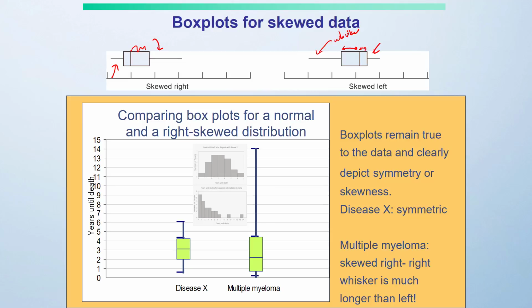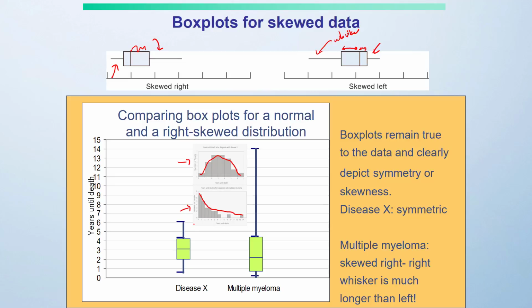So below that, we have two histograms, one for disease X, which is a distribution that looks roughly symmetric. And then we've got multiple myeloma. This is how many years from diagnosis until death. And you can tell that that's very much right skewed from the histogram. And so when we look at the box plots, we see basically the same thing.